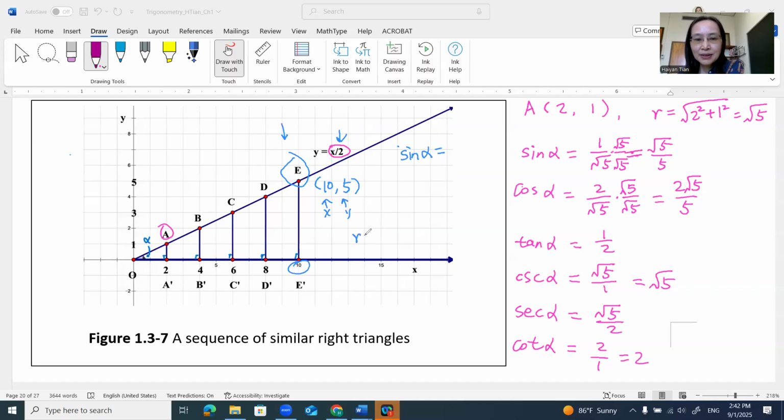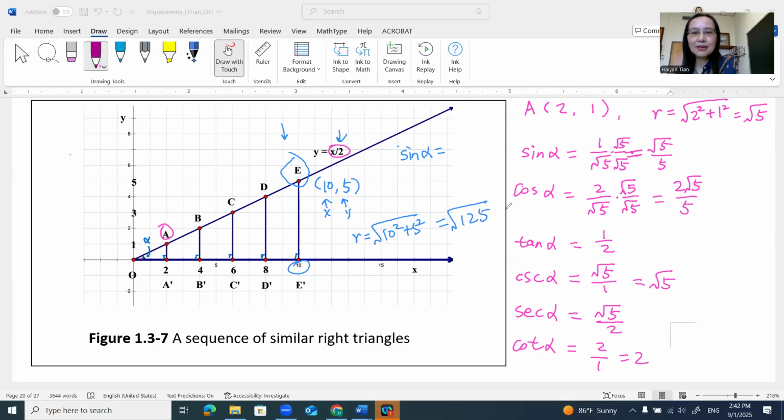R will be larger because the x and y are changing. So then r will be the square root of 10 squared plus 5 squared, and that's the hypotenuse, the distance from the origin to E. So we get 100 plus 25, 125.